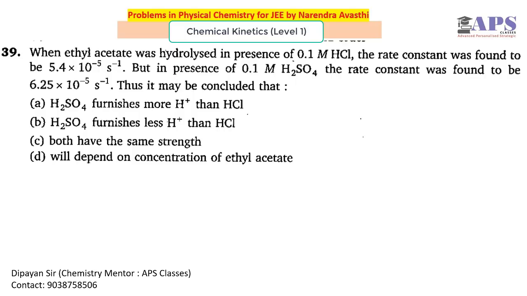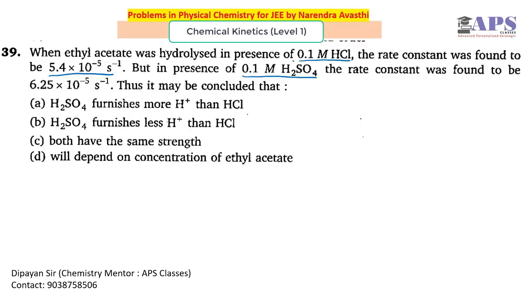In question number 39, when ethyl acetate was hydrolyzed in presence of 0.1 molar HCl, the rate constant was found to be 5.4 into 10 to the power minus 5 second inverse. But in presence of 0.1 molar H2SO4, the rate constant was found to be 6.25 into 10 to the power minus 5 second inverse.